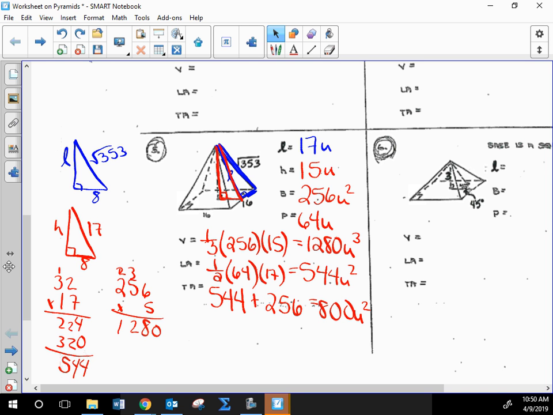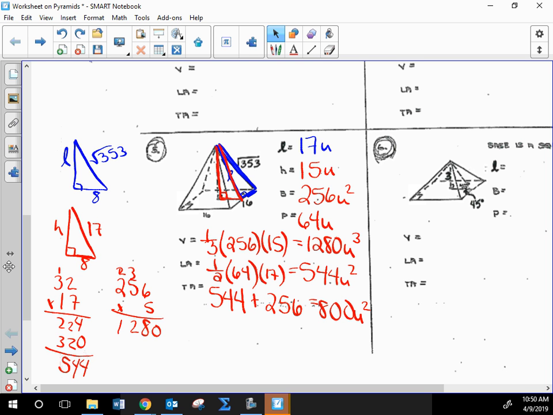I need them for my visual. So it should be area of the base times.